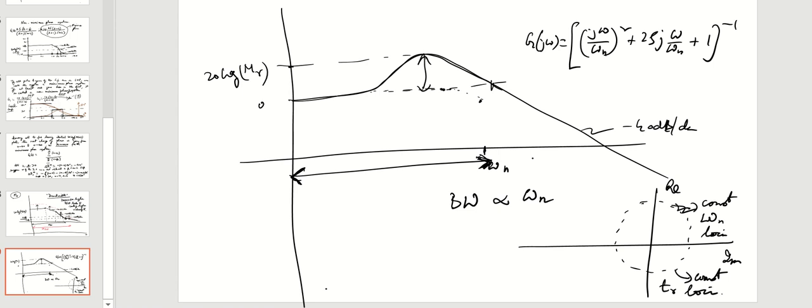So if you want smaller values of rise time, then you want higher values of omega n, and omega n is proportional to bandwidth.